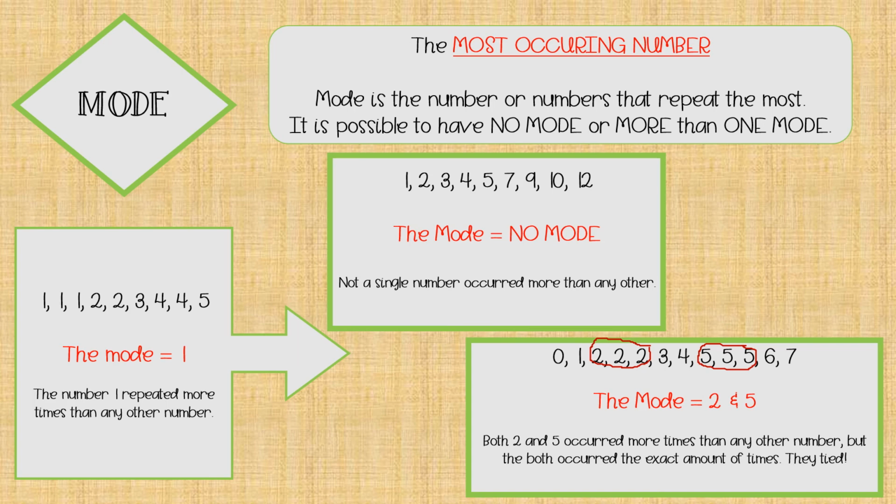So they both occurred more times than any other number, but they both occurred the exact amount of times. They tied. Therefore, the mode here is both numbers. 2 and 5 are both the mode. So it's possible, again, to have one number as the mode, no mode, or more than one number as the mode.